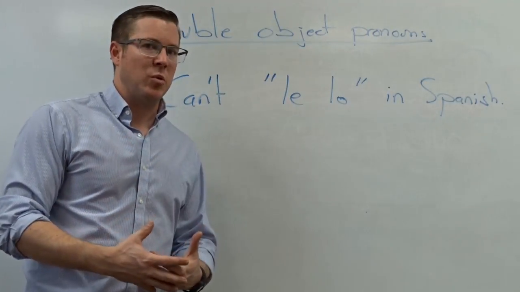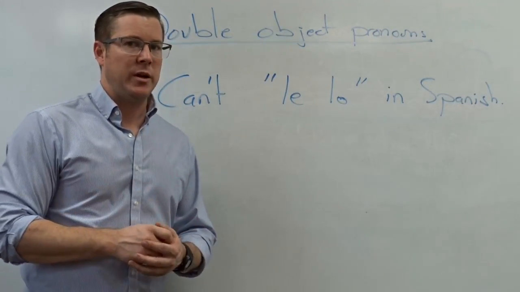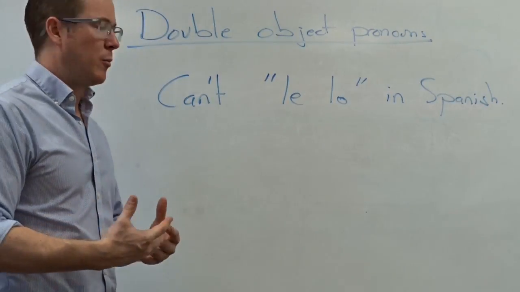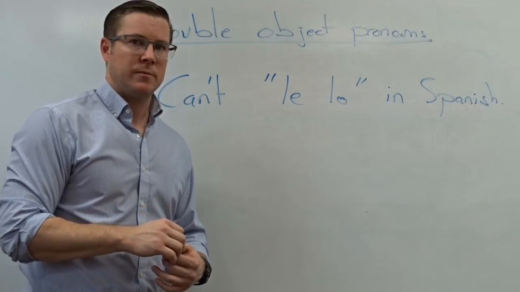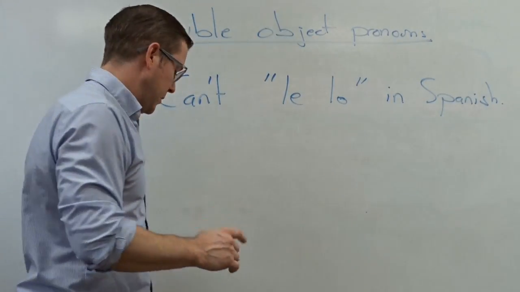I wish it were that simple, but we've got this one tricky little thing that we need to address. And that's what I like to summarize in the expression, you can't lay low in Spanish. What do I mean by that? Take a look.